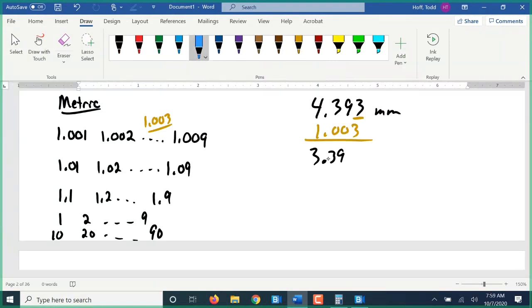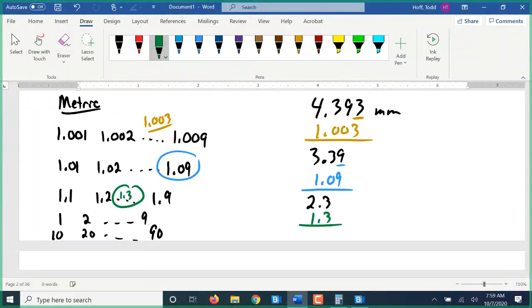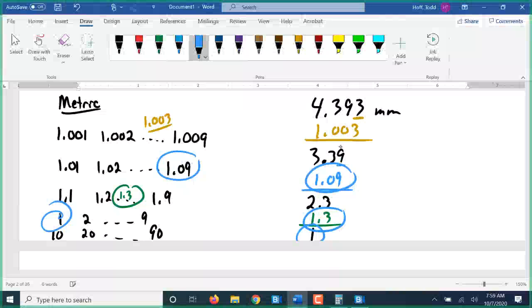Next, we're going to focus on the 9. We have a 1.09. Take that one out. We're at 2.3. Next, we'll focus on the 3. Well, there's a 1.3 in here. We take out the 1.3, leaves us with exactly 1. And of course, we do have a block that's exactly 1 millimeter. So we can do our gauge block buildup.